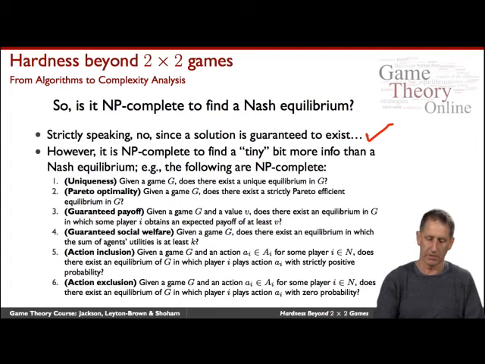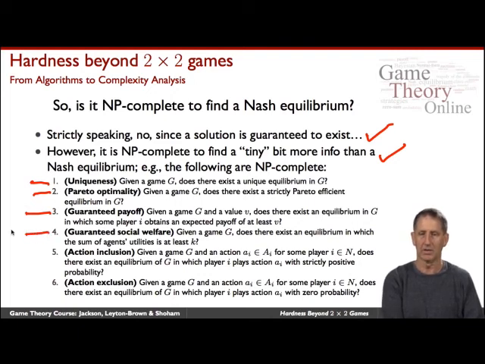One way to look at it differently is to ask for a Nash equilibrium with specific kinds of properties. So for example, we can ask, does it have a unique Nash equilibrium? Or does there exist a Nash equilibrium that's strictly Pareto efficient? Or is there a Nash equilibrium that guarantees a given player some minimum payoff?